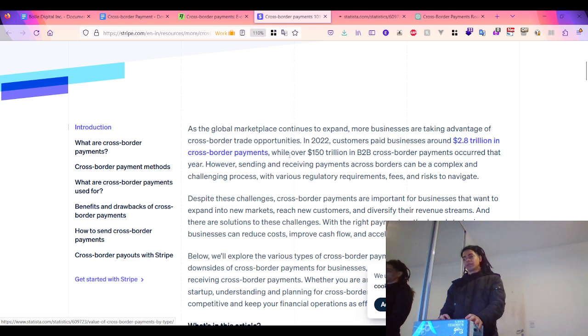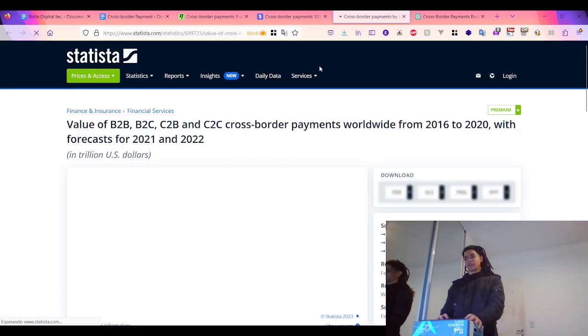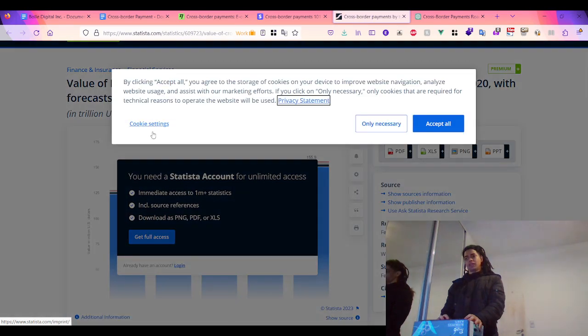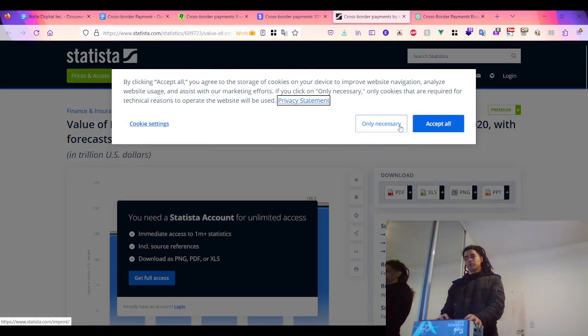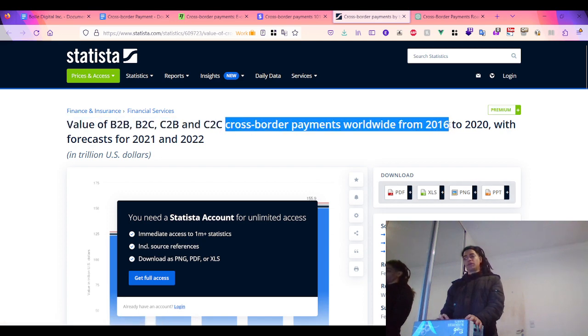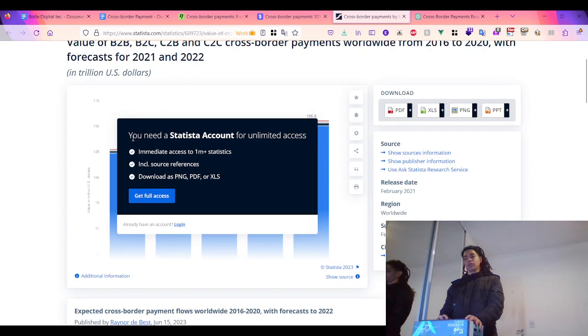According to Statista, this think tank, the value of business to business, business to consumer, consumer to business, and consumer to consumer cross-border payments worldwide from 2016 to 2020, with forecasts for 2021 and 2022.